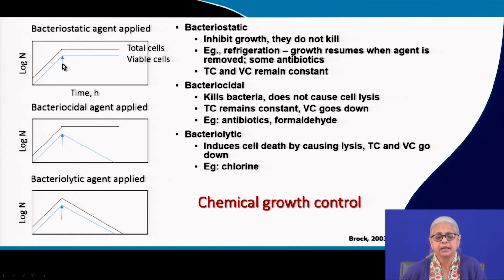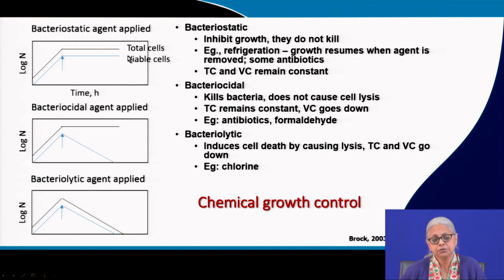Now if I apply a chemical at some point while the culture is growing, or in this case a physical agent like refrigeration, what will happen is that the total cells and the viable cells, both concentrations will level off, and that is because under refrigeration conditions there will be no growth and there will be no death of the cells either.